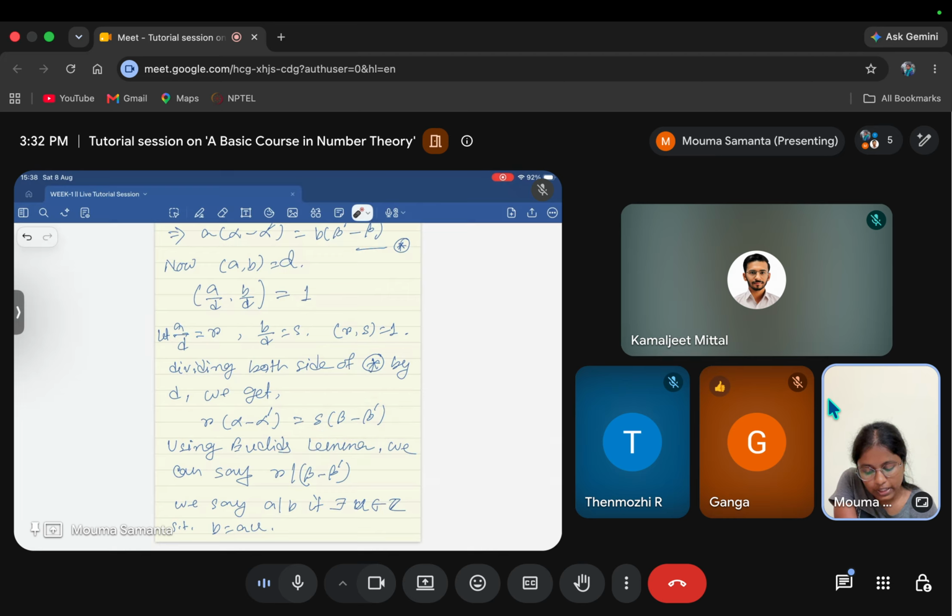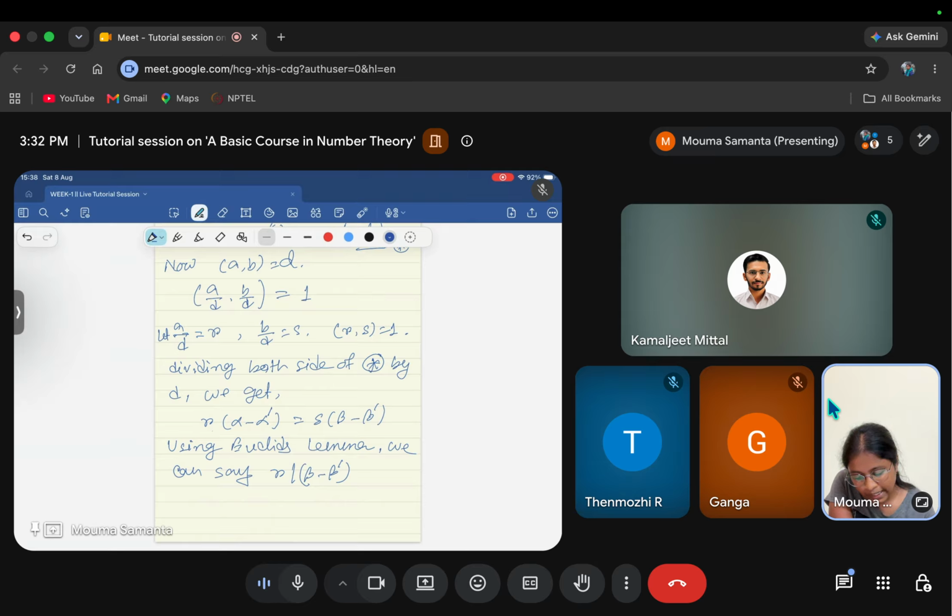So therefore we can say S is dividing this whole term by this definition. That was the basic definition. So from this expression, we can say either R is dividing this whole term or S is dividing this whole integer.